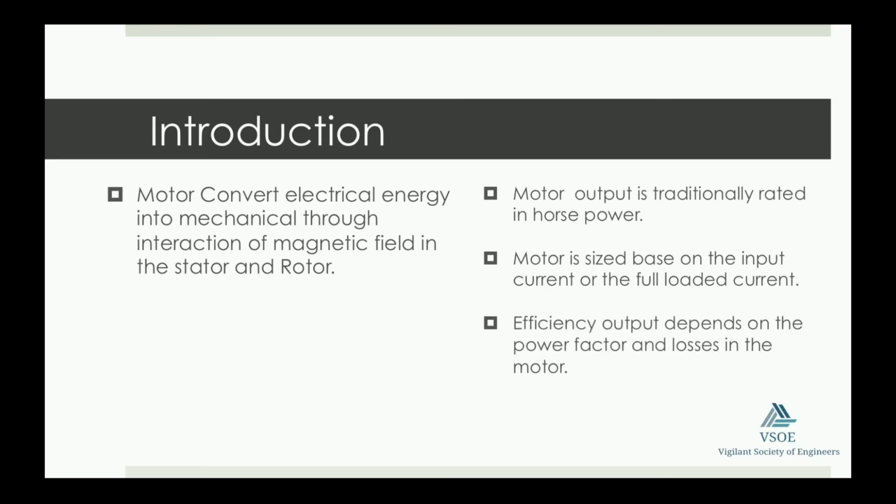So the amount of current that is received by the motor is what we use to design the conductor ratings for that motor. Right? Now the efficiency measures the output and it depends on the power factor and the losses experienced in the motor.